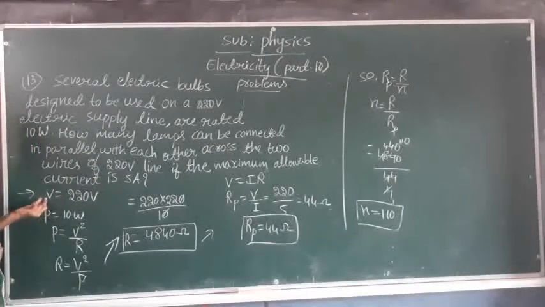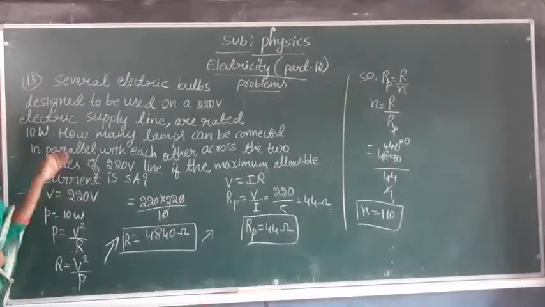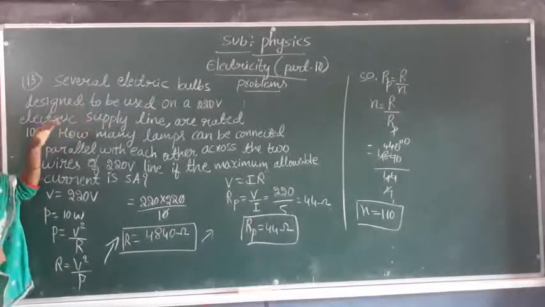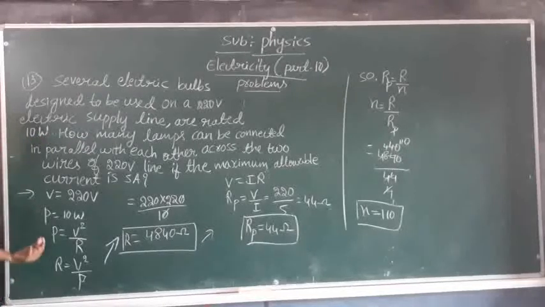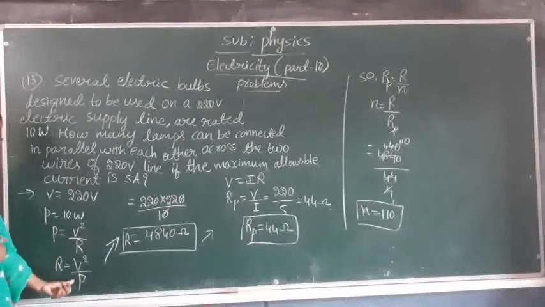Write down the given data. V is equal to 220 volt and P is equal to power, 10 watt. We have to find the resistance of each electric bulb. What is the formula? R equal to V square divided by P. Substitute the given values.